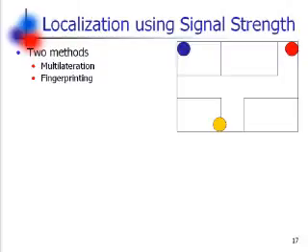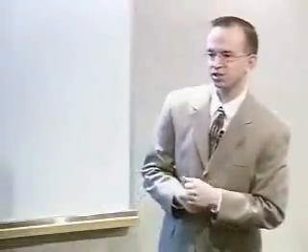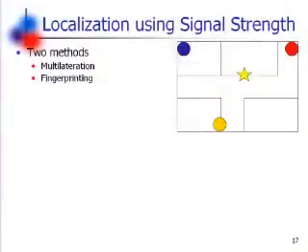So the first result I'd like to talk about has to do with the problem of localization using signal strength. There are 2 general methods one could use to localize devices in a wireless network. One is to use multilateration, more colloquially known as triangulation.